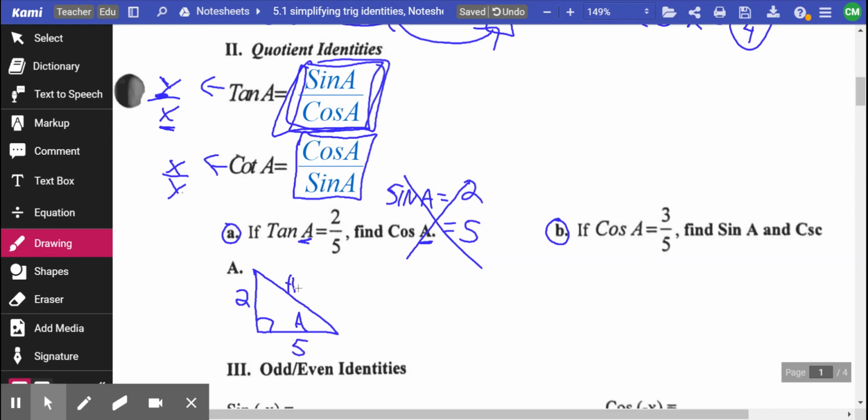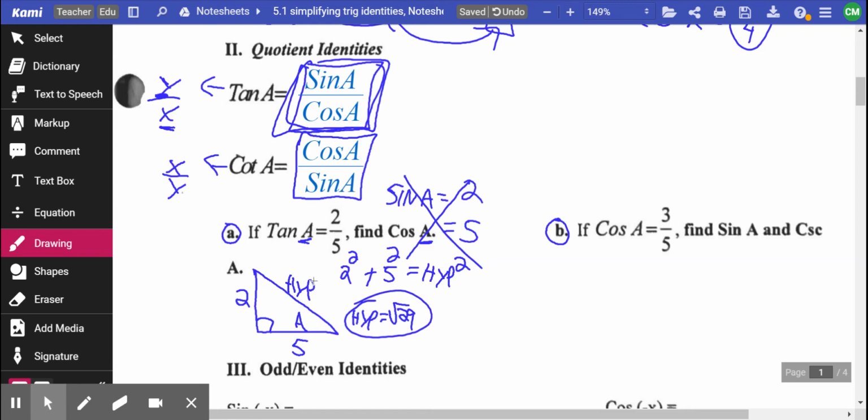And then to figure out any trig ratio, you have to find the hypotenuse. So we just use the Pythagorean formula: 2 squared plus 5 squared equals the hypotenuse squared. That left side would give us 29, and then you would have to take the square root of it. So that hypotenuse is going to equal the square root of 29.